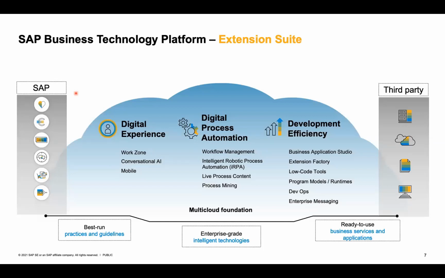Okay, zooming further into the picture, now we come to the actual extension suite. And I told it before, workflow management is part of that. You see here digital process automation. So there are also other capabilities related to digital process automation, not only workflow management, but also iRPA, process mining, live process content.